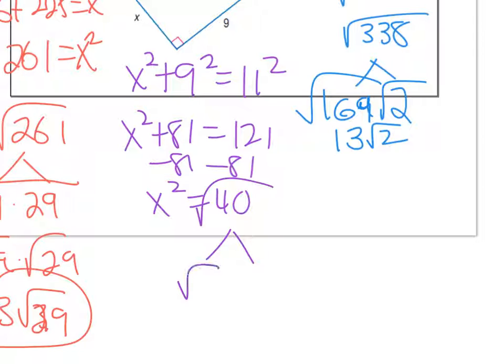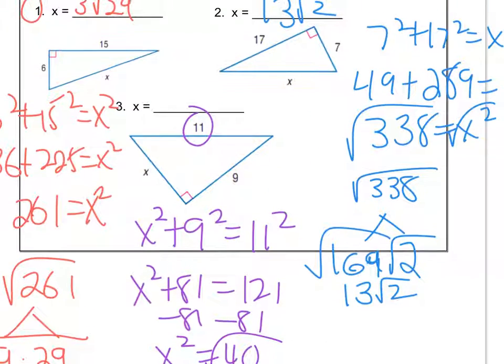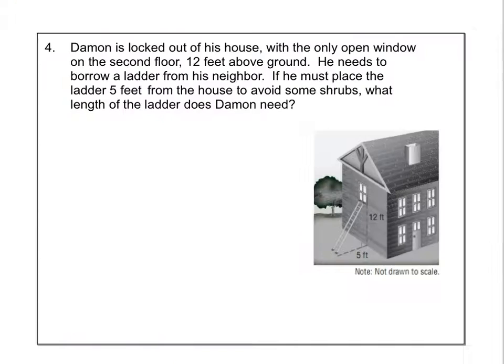That can break up into the square root of 4 times the square root of 10. So that's going to be 2 square root of 10. There's my answer. Now I need simplified square roots, not decimals. Decimals don't help me. Decimals are ugly and they don't give me a good idea of what I'm dealing with. So don't get in the habit of giving me decimal answers.